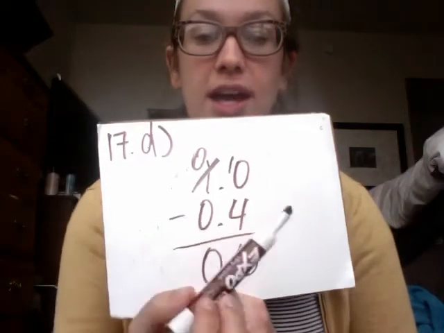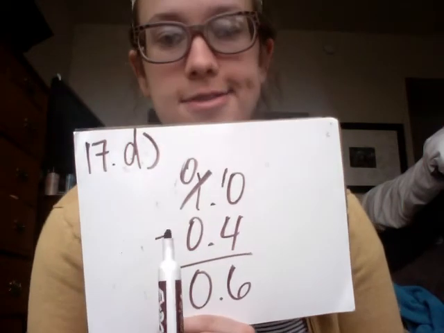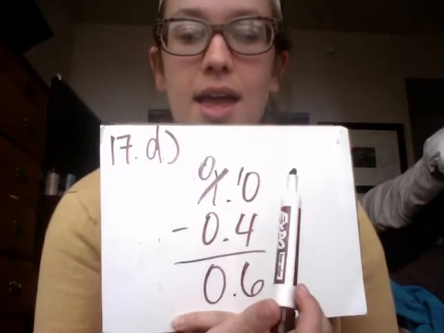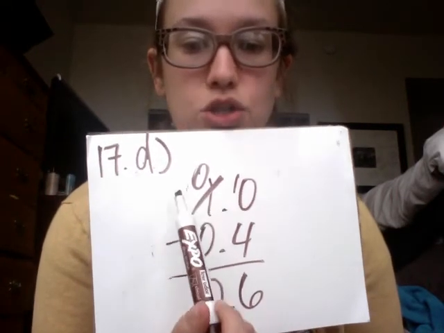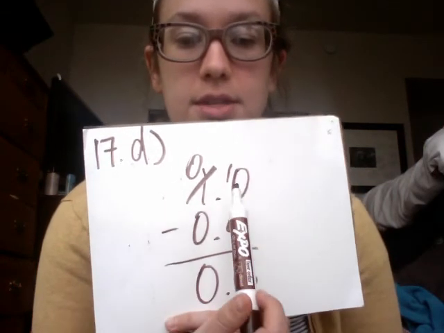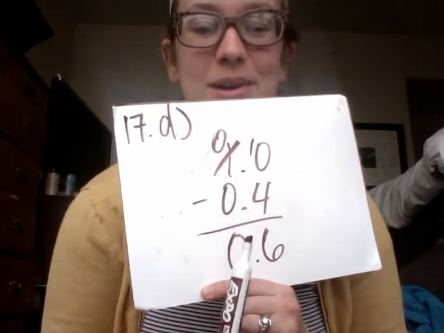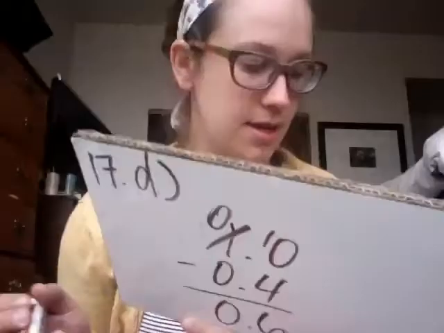If you did this in your head, you probably thought of this 1 whole as 10/10 and then subtracted 4/10. Good job. That's what I did basically, but I wrote it out. So I traded in my 1 for 10/10. 10 minus 4 is 6, and 0 minus 0 is 0. So the answer is 6/10.